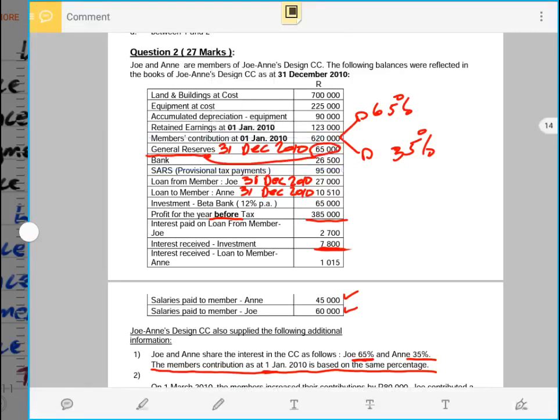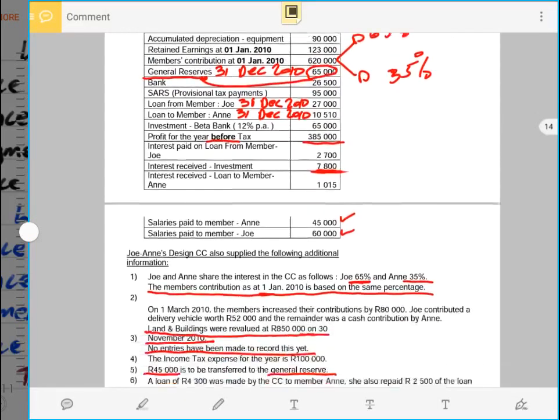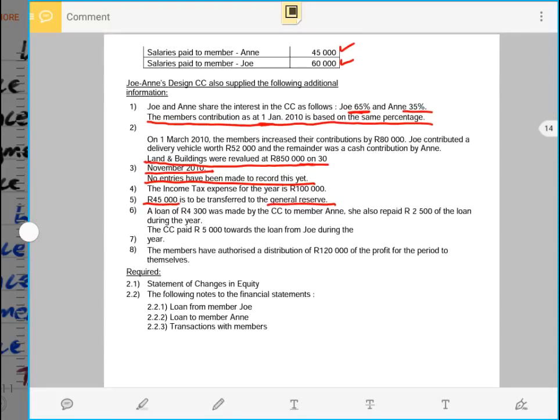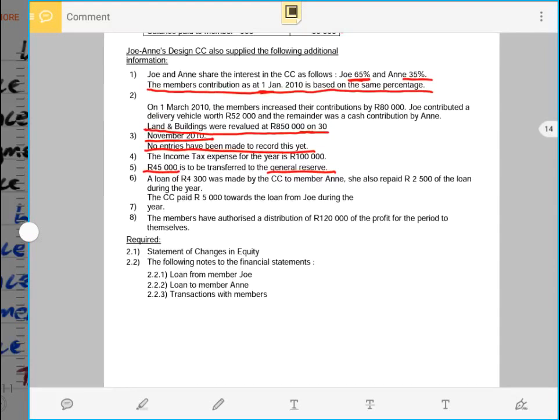So if that is the general reserve at the end of the current year, it means the 45,000 rands was already taken into account. So now we just have to work in reverse to determine the opening balance regarding general reserve. However, we still have to record the 45,000 rands, reflecting that it was a transfer to general reserve during the current year.